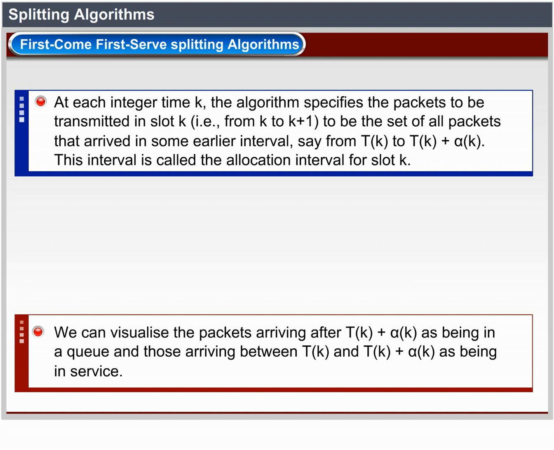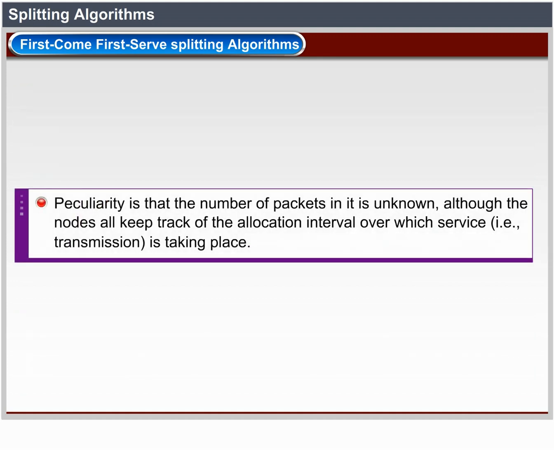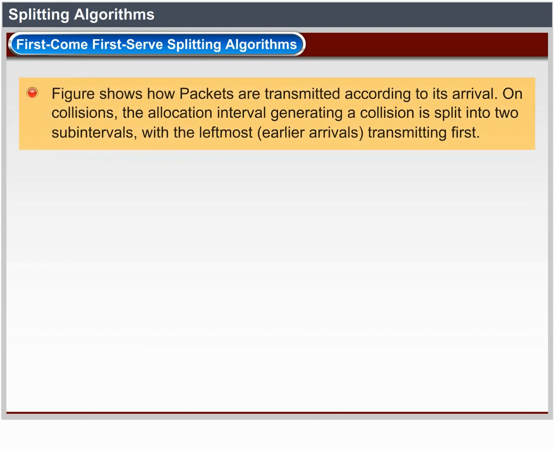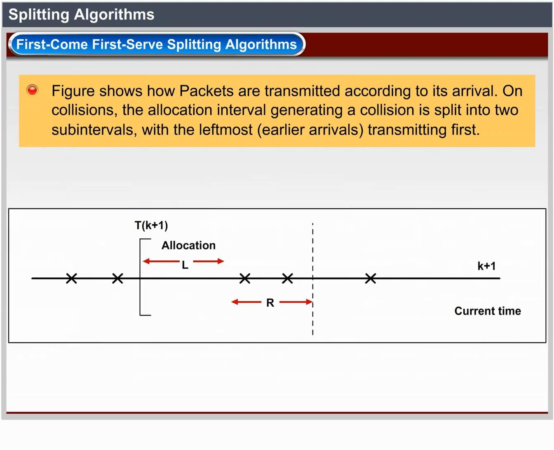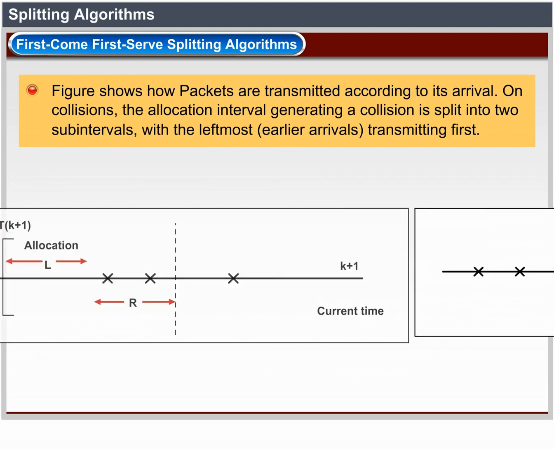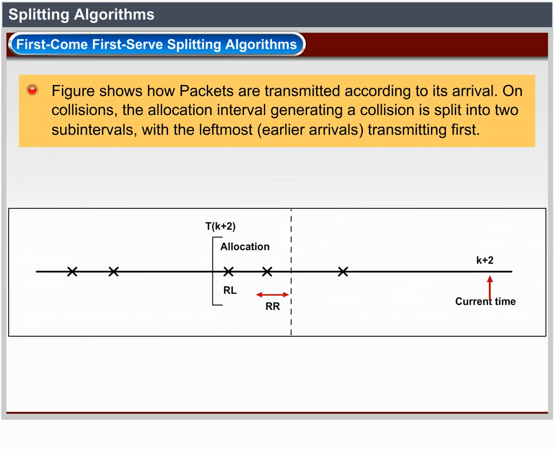What is peculiar about this queue is that the number of packets in it is unknown, although the nodes all keep track of the allocation interval over which service, that is transmission, is taking place. The figure shows that packets are transmitted in order of arrival. On collisions, the allocation interval generating a collision is split into two sub-intervals, with the leftmost, earlier arrivals transmitting first.